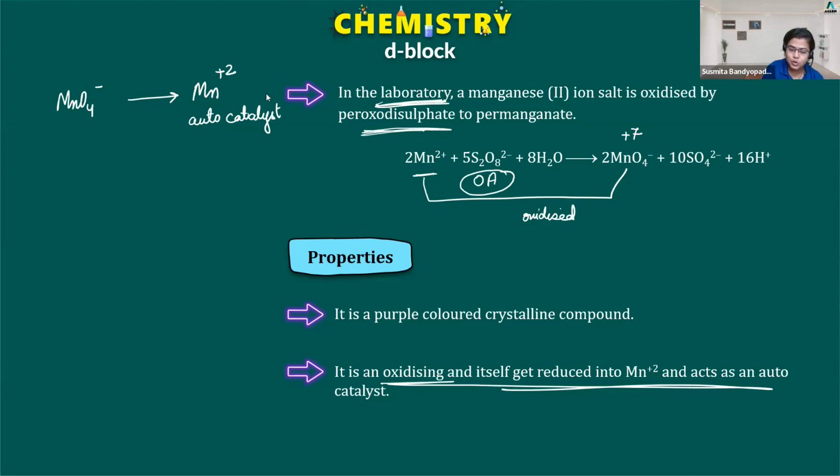Initially the reaction is very slow, and slowly when Mn2 plus is formed, one of the products itself increases the rate of reaction.